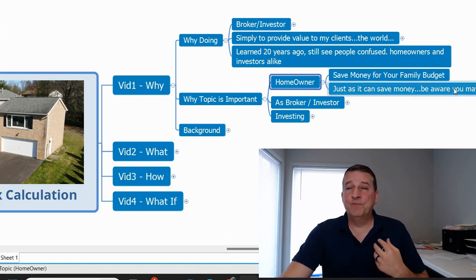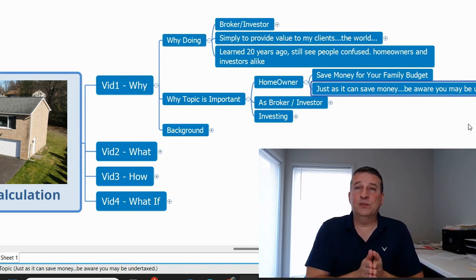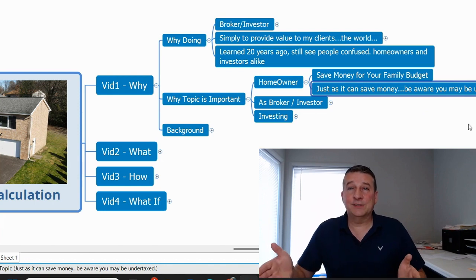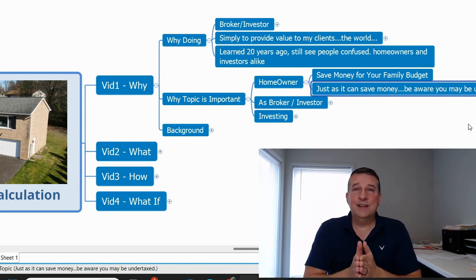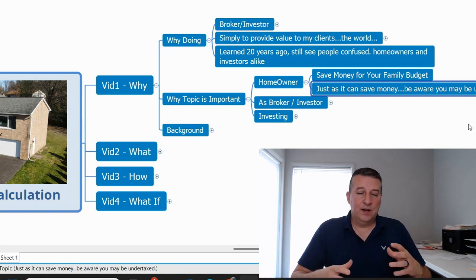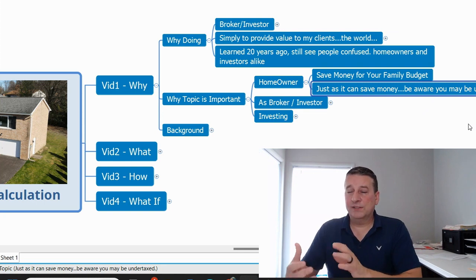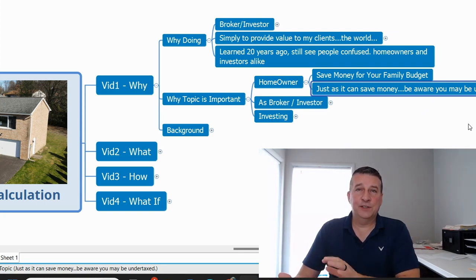And it's important to know, just as this can save you money, it's just as important to know that you may be undertaxed. I say that because it wasn't too long ago that in Hempfield Township here in Westmoreland County, there were some hearings going on where I think the school board was trying to reassess some properties based off of sales.